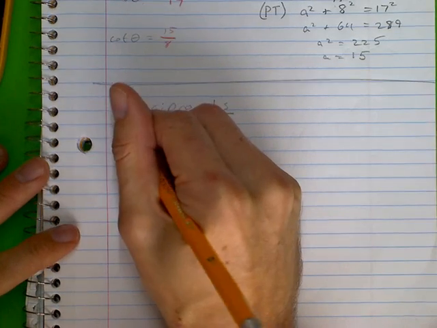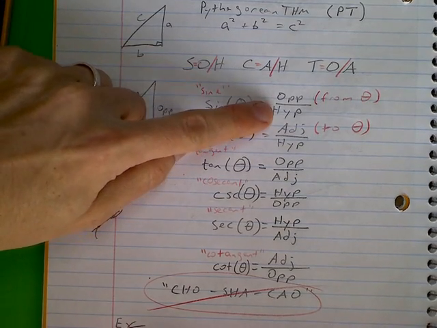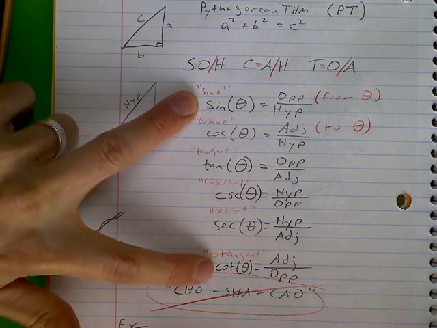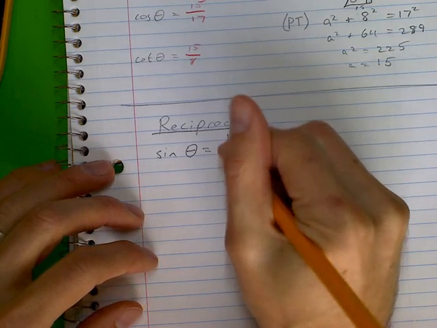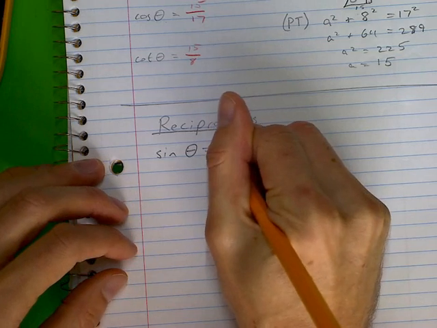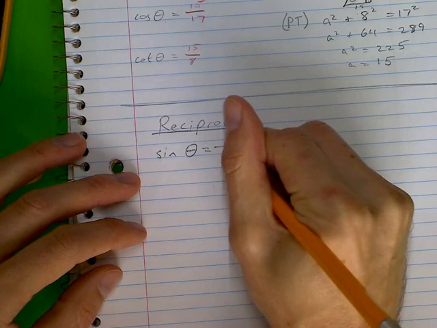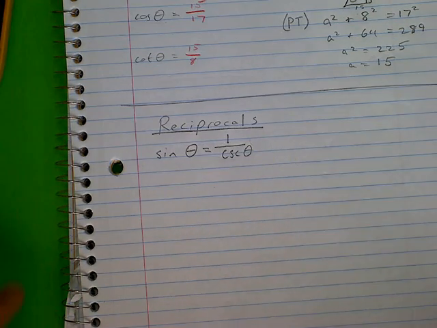So, in other words, sine, which we already said is opposite over hypotenuse, is the reciprocal of which of these other new ratios? Yeah, it's the reciprocal of cosecant. So in other words, we're going to say sine is 1 over cosecant. So when we say 1 over, we're just saying it's the reciprocal.